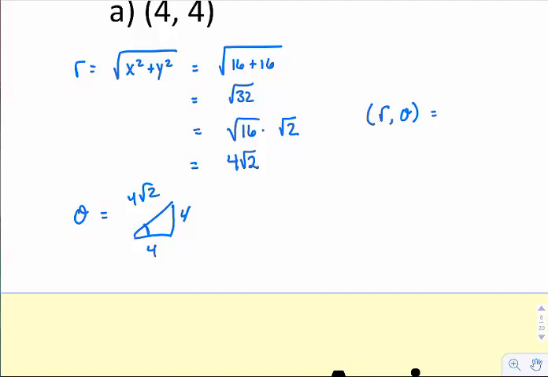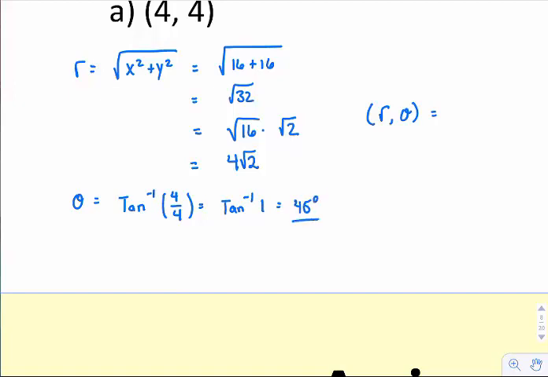Theta is going to be found in this case by doing opposite over adjacent. I guess you can do opposite over hypotenuse since you have the hypotenuse, but just to keep it consistent, we'll keep doing tangent inverse like we did with vectors. So I'm going to go tangent inverse of y over x, in this case 4 over 4. So that's just going to be tangent inverse of 1, which we should already know is 45 degrees.